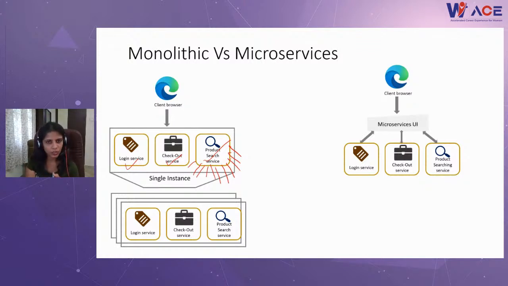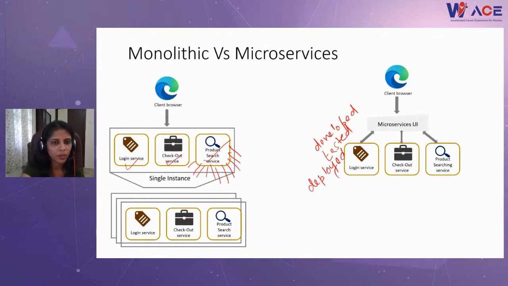In case of microservices, each and every module is developed independently, and each and every module is in fact tested independently. Each and every module is deployed independently. Each and every module is managed independently.